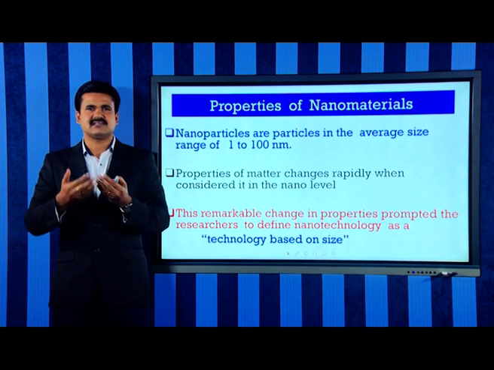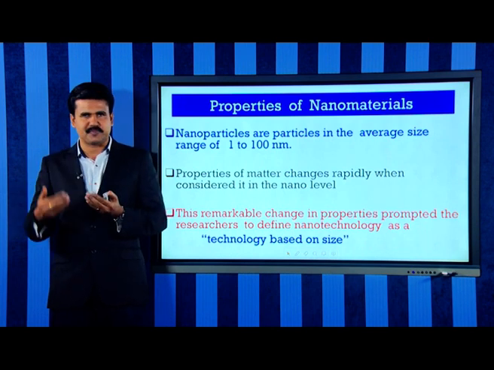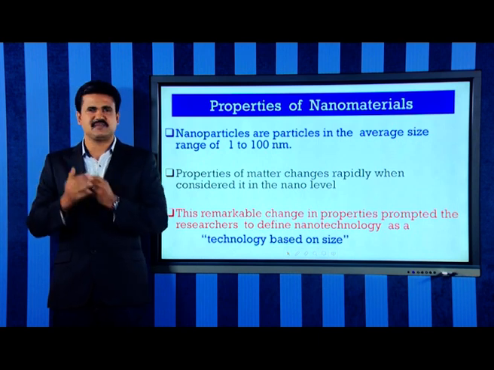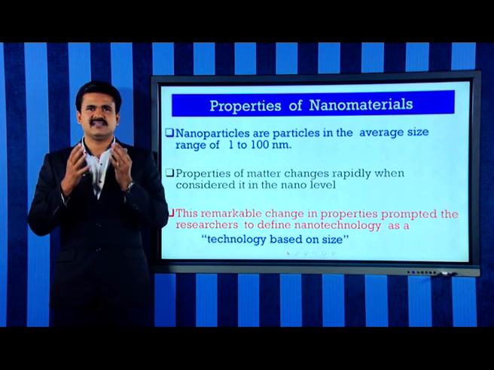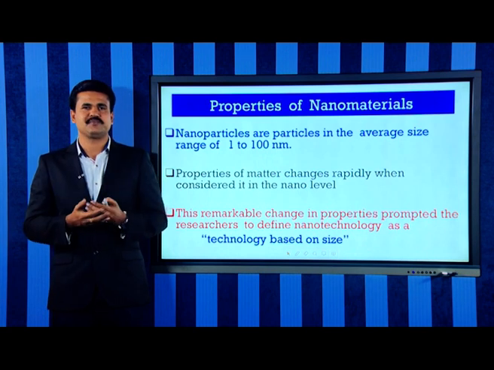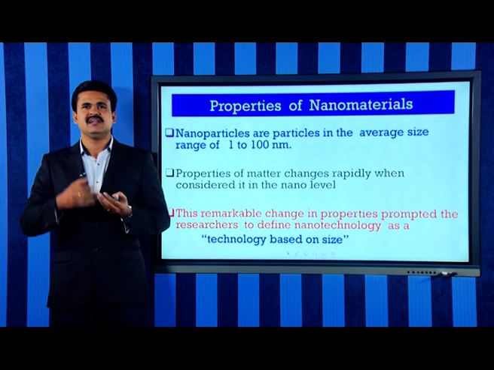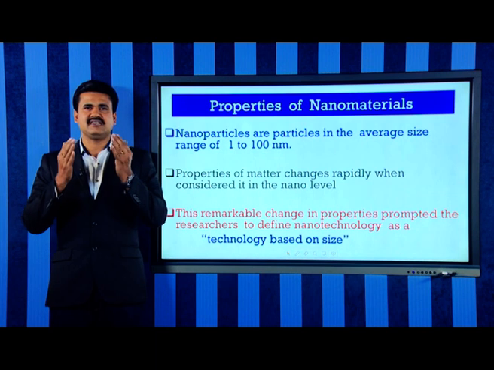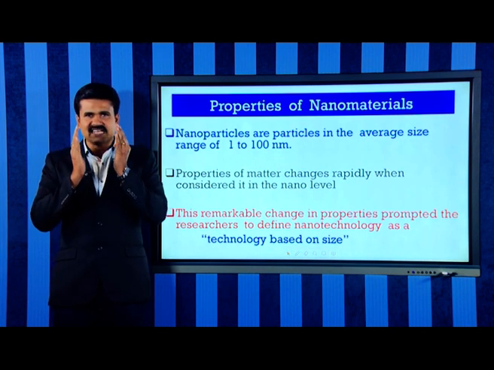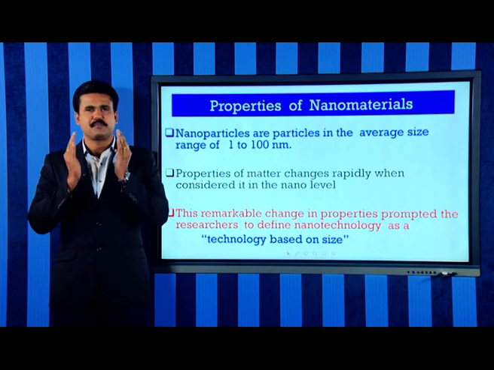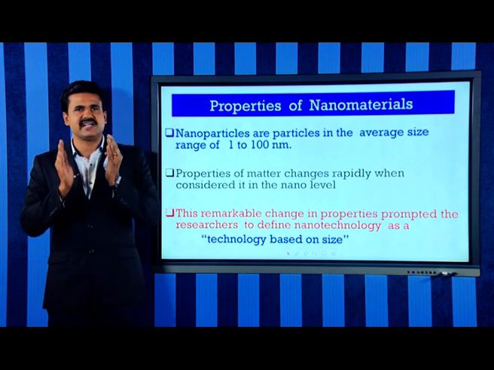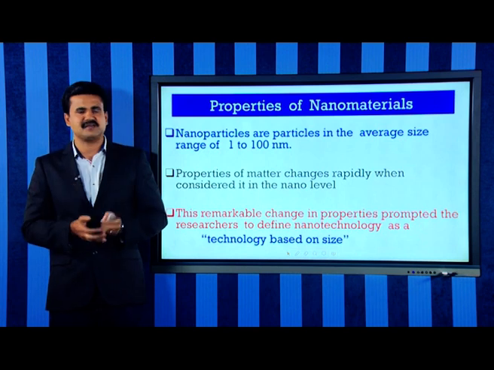Why this sudden change in property from bulk to nano transformation? This is really related to several different aspects of the nanomaterials, details of which we can consider later. And it is very interesting that the properties of the nanomaterials are entirely different from those of a bulk material.